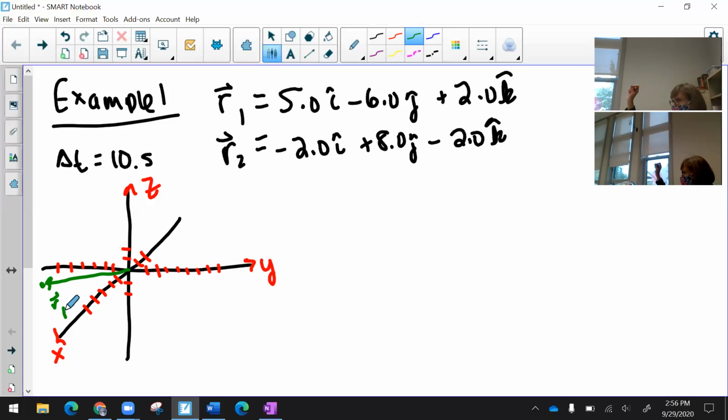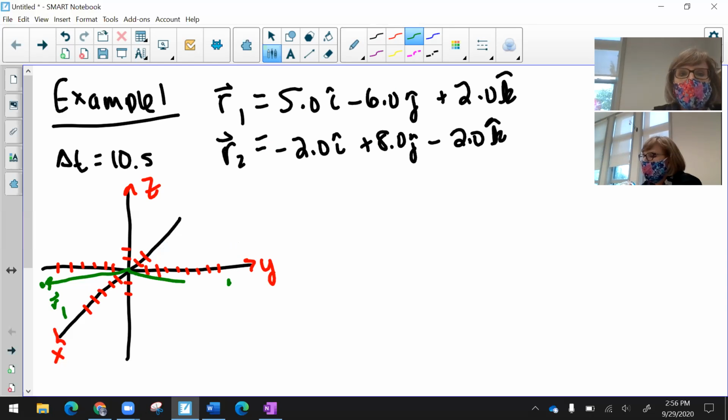Okay. That's what a position vector does. It indicates the distance from the origin, wherever that is, to the point. So that's going to be my R1. My R2 is negative 2 in X, positive 8 in J, negative 2 in K. So it's going to be down there somewhere.